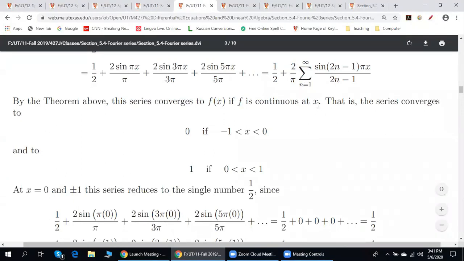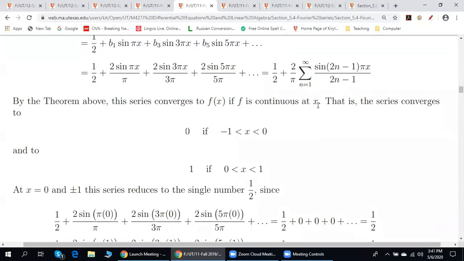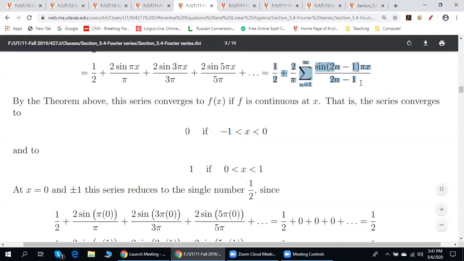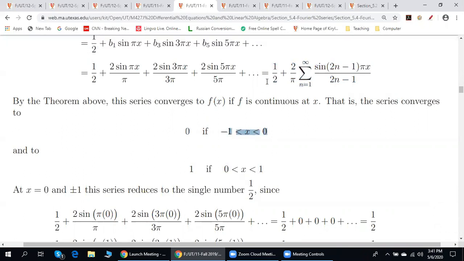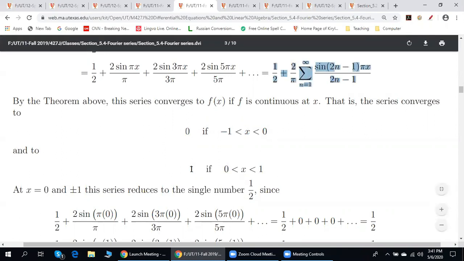If x is not one of the endpoints and f is continuous at x, but f of x is equal to 0 here and 1 here. So our series converges to 0 for any x between -1 and 0, and our series converges to 1 for any x between 0 and 1.